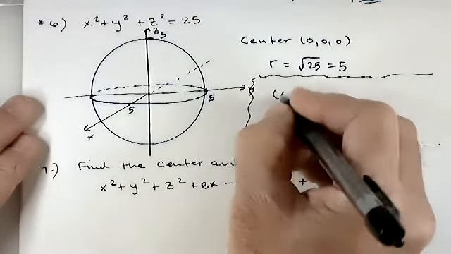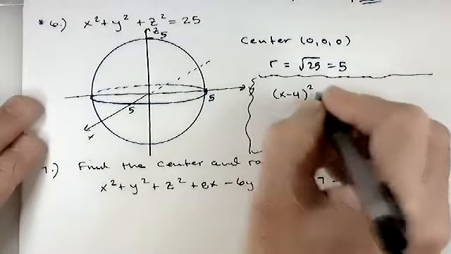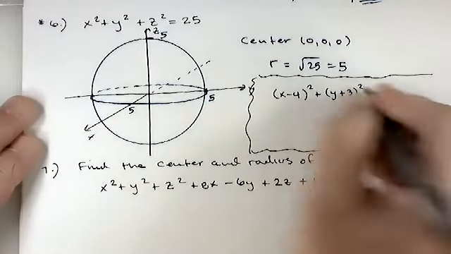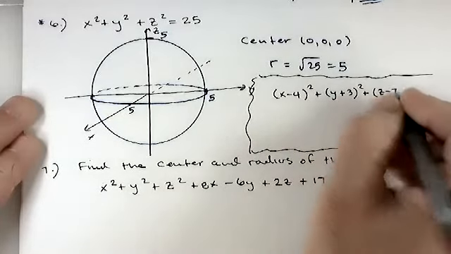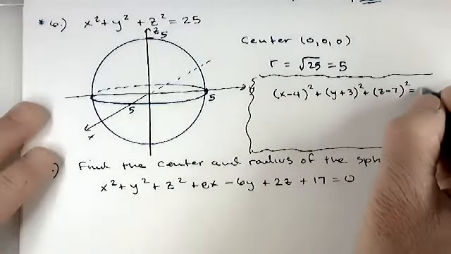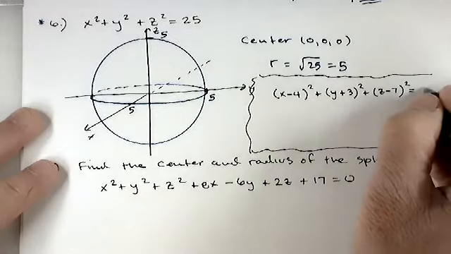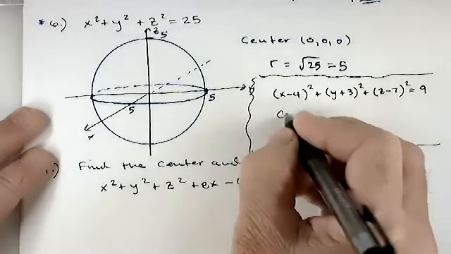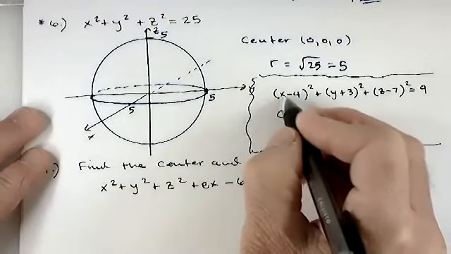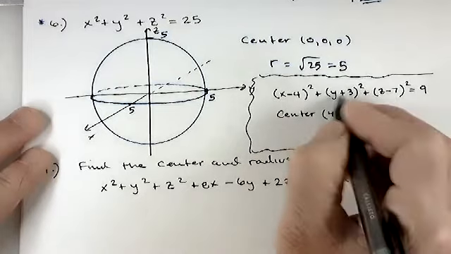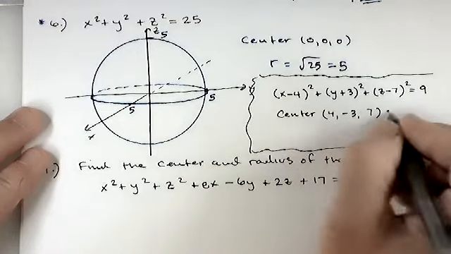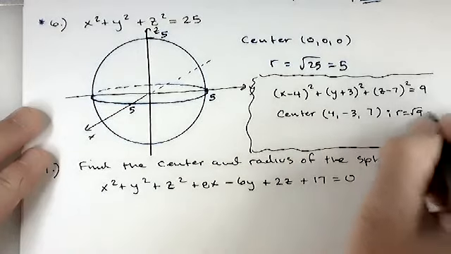So if I had, for example, x minus 4 squared plus y plus 3 squared plus z minus 7 squared equals, I don't know, let's say 9. What would the center of this one be? It's what makes each part 0, right? What would make this part 0 if x is 4? What would make this 0? Y being -3, z being 7, and then my radius would be the square root of 9, which is 3.